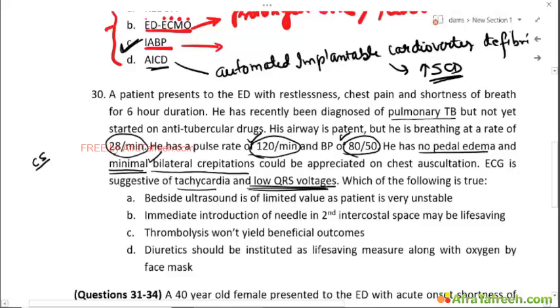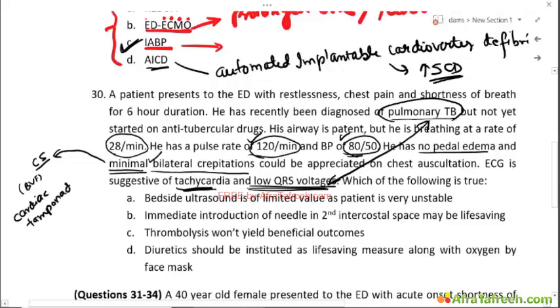Minimal bilateral crepitation goes against the diagnosis of cardiogenic shock, that is biventricular failure. One important clue is the presence of tuberculosis and low voltage complexes. This, in presence of tachycardia and hypotension, points towards the diagnosis of cardiac tamponade.